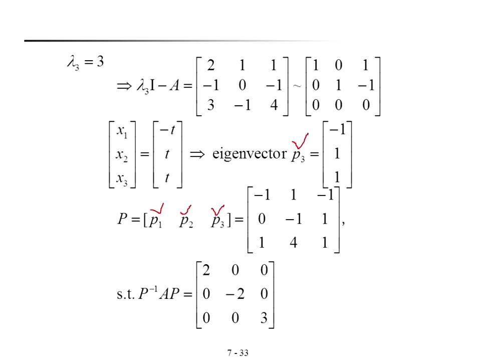When we combine all these, we get a matrix P such that P inverse AP is equal to the diagonal matrix with 2, minus 2, 3. If you multiply this out, we get 2, minus 2, 3. It is the diagonal matrix.